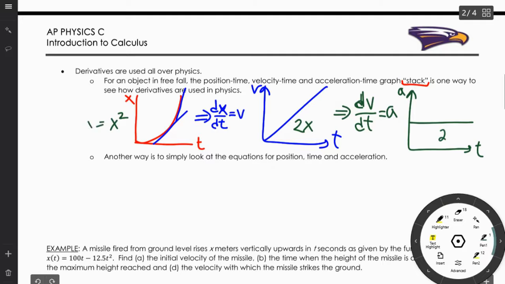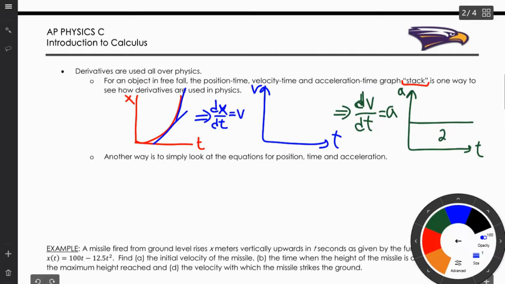So y equals x squared, y equals 2x, or rather, let me write it in physics terms. If I'm writing this function, this would be position equals time squared.